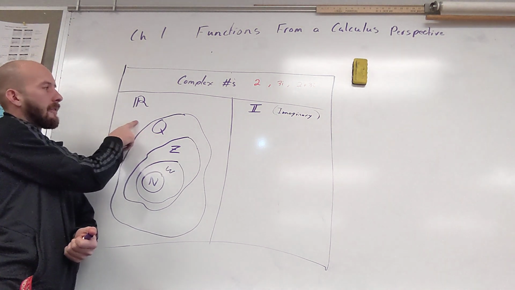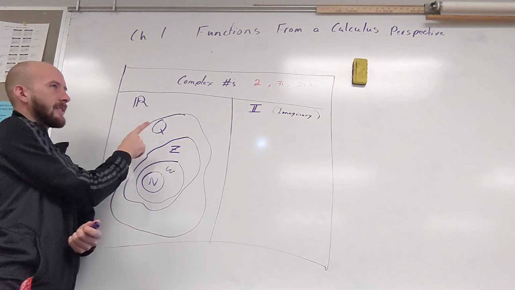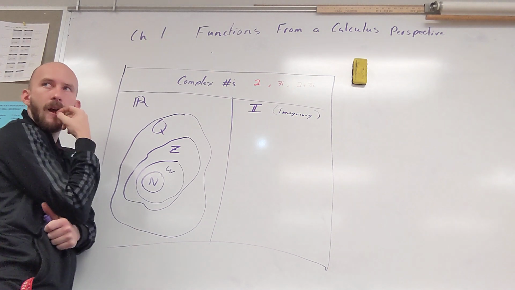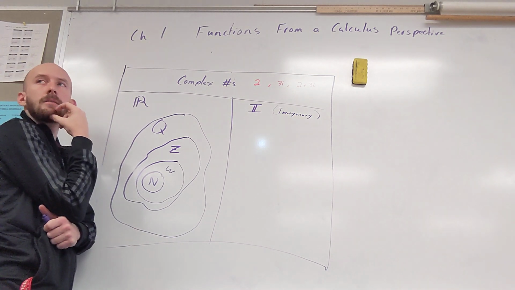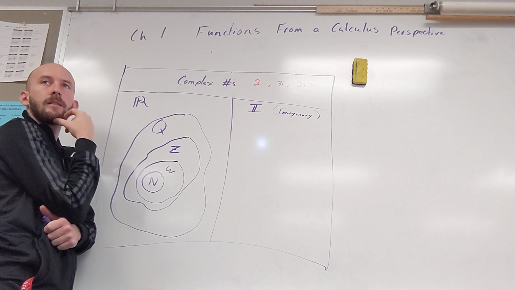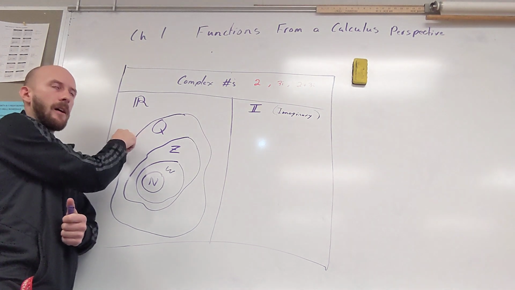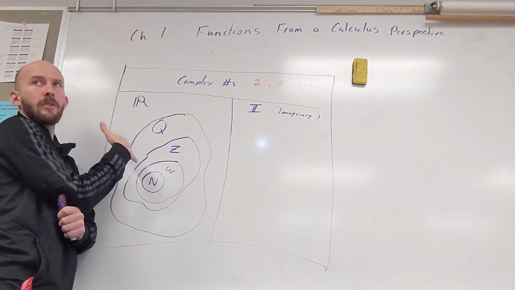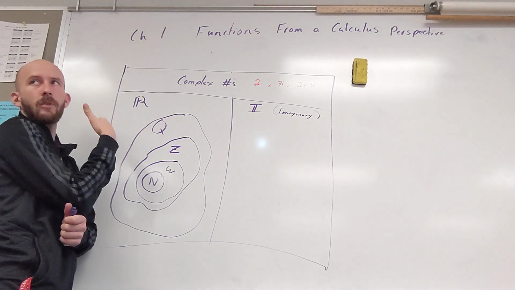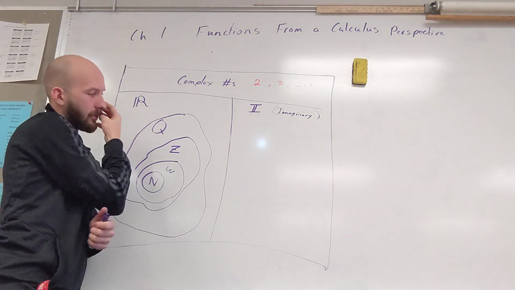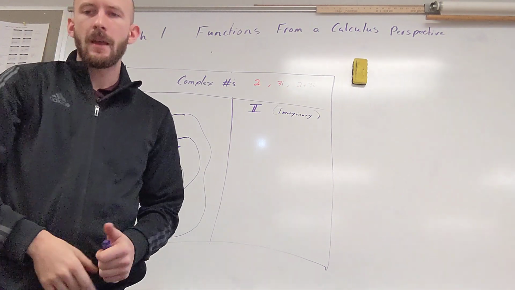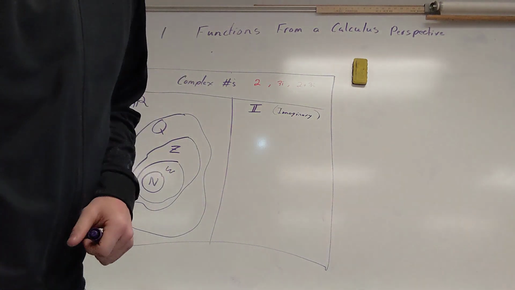Give me an example of a real number that is not a rational number. The square root of 3. Square root of any number that's not a perfect square, so like square root of 2, square root of 5, square root of 7, are all irrational numbers. Okay, so that's it for the table.